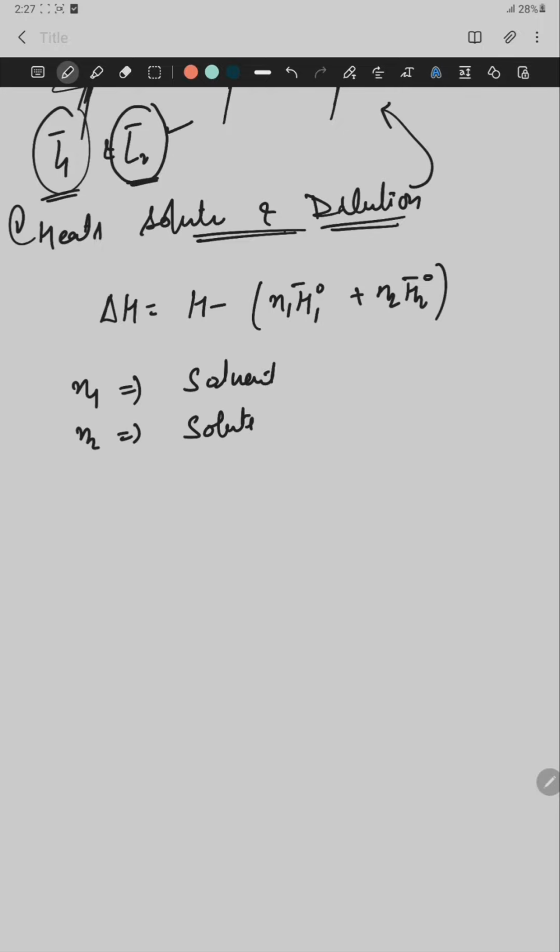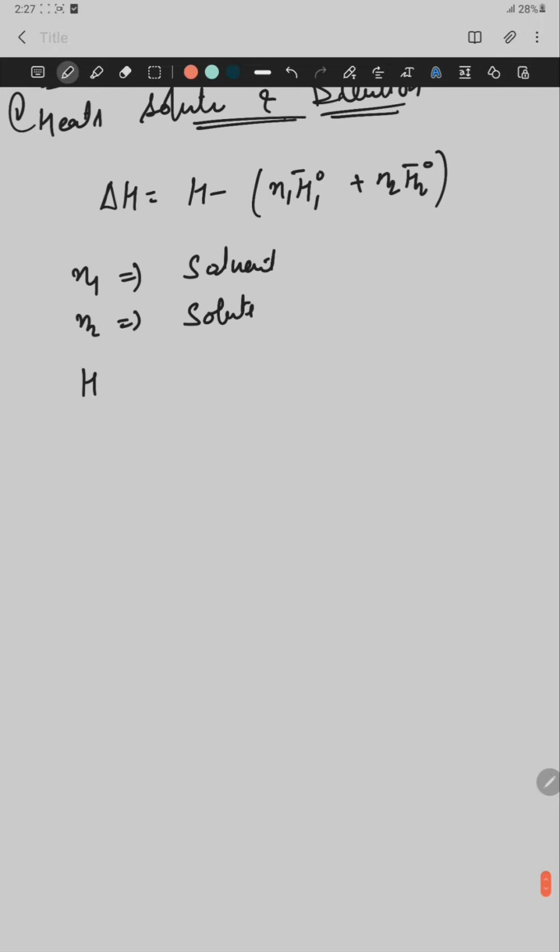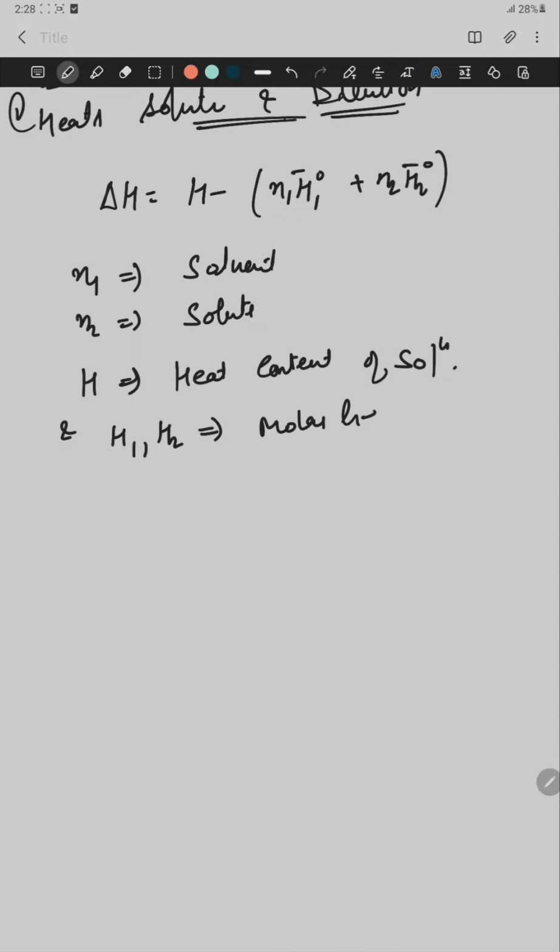Then H represents the heat content of the solution, and H1 and H2 are the two new terms, which are the molar heat contents of pure solvent and pure solute.